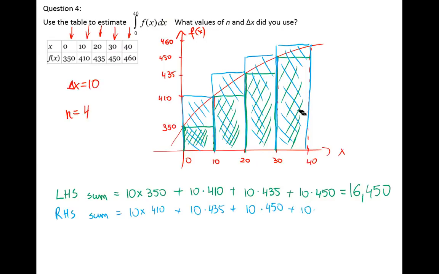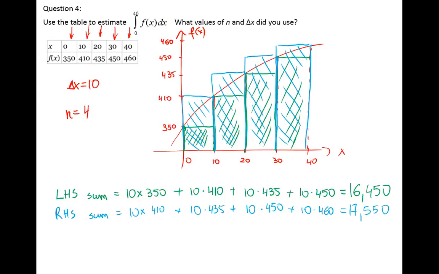And the last one, the blue one, is the value for 40, which is 460. And I use the calculator, 17,550. Not bad, because we can see there's still a difference.